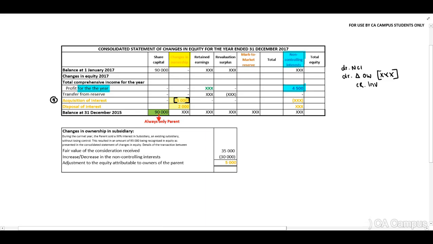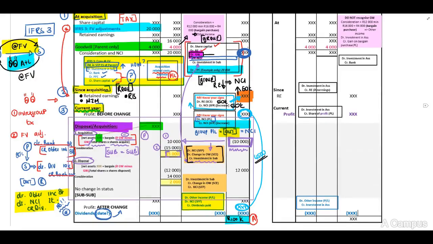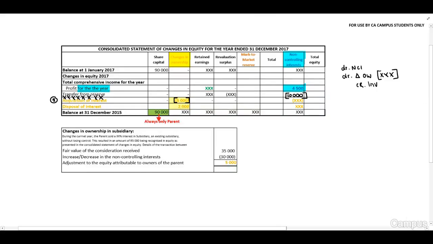What I want you to identify is that there should be a line item included in your statement of changes in equity where we include the decrease of the 10,000 of our NCI. Guys, when I refer you to the analysis of owner's equity, you will remember our NCI decreased with 10,000. Therefore, we need to include a line item where our NCI decreases with this 10,000.